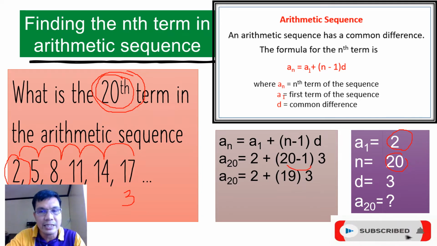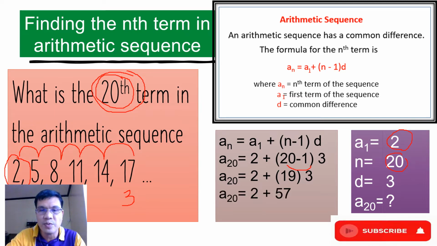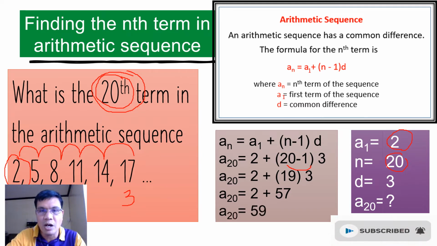So, that is 19. So, then, ang susunod natin, 19 times 3. So, 19 times 3, the answer is 57. Then, 57 plus 2, the answer is 59. So, our 20th term in this arithmetic sequence is 59.